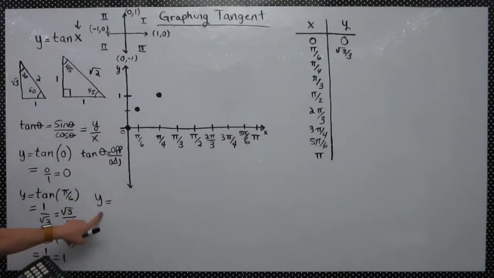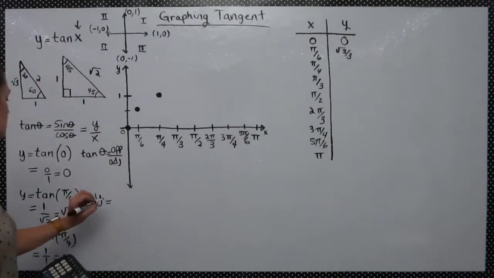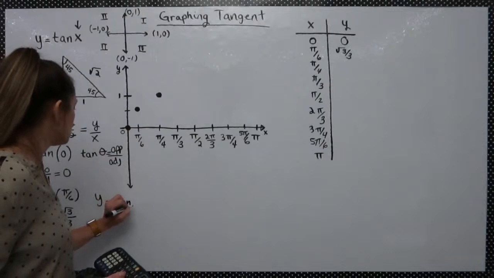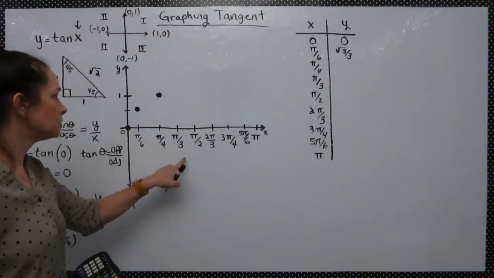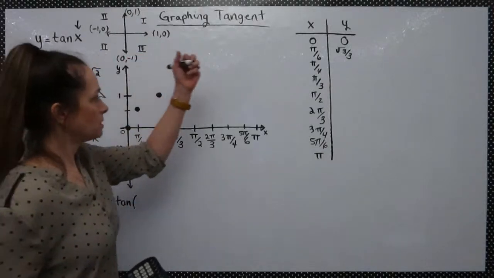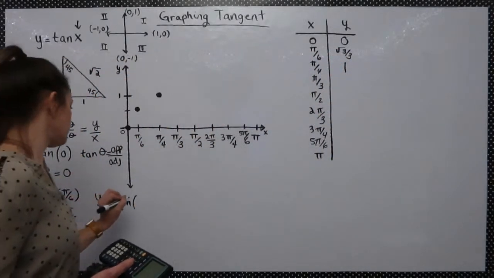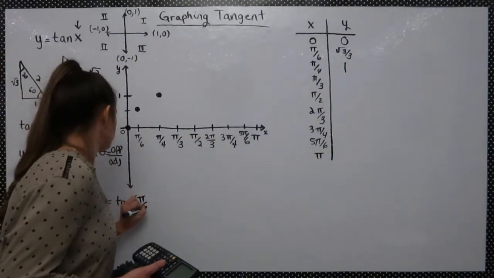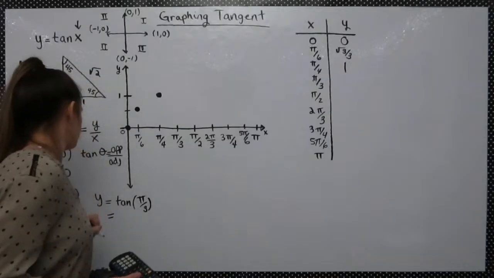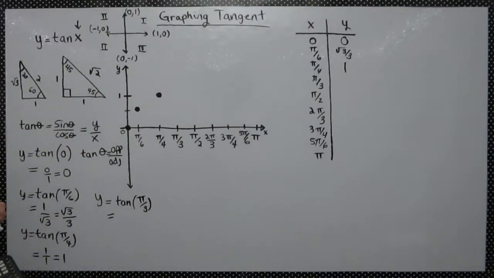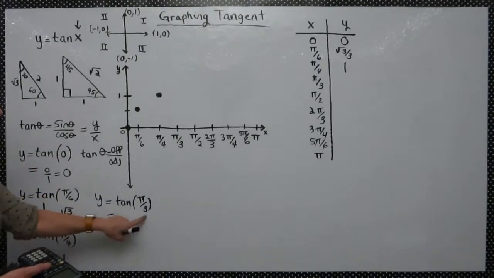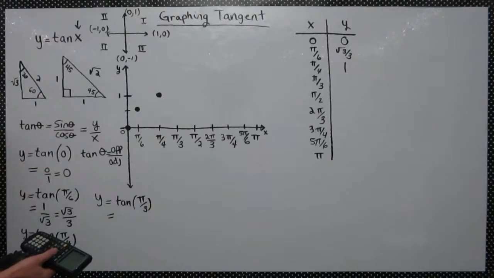So y equals tangent of my next one. I can put that in there, put it on our table: pi over 3. And we're looking at pi over 3, remembering that pi over 3 is the radian measure for 60 degrees.